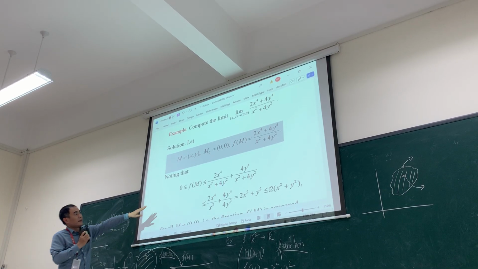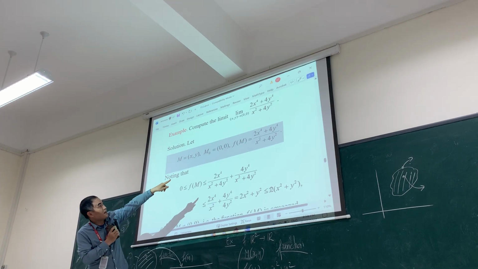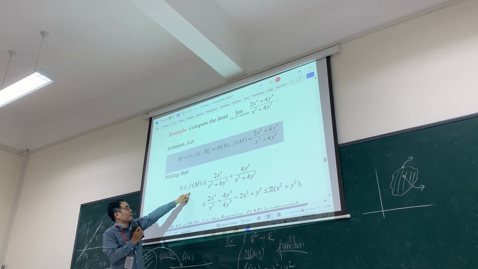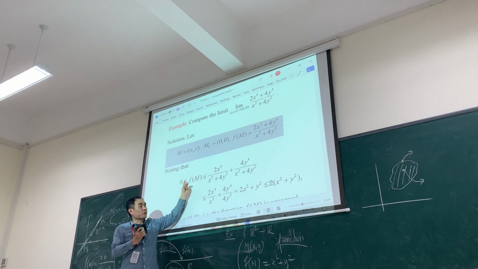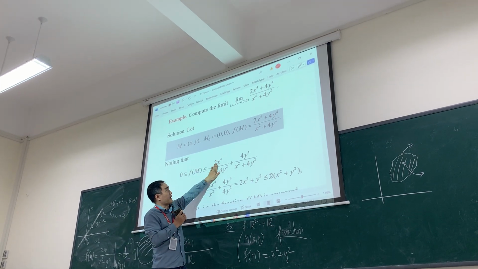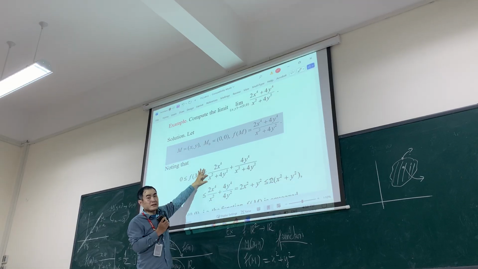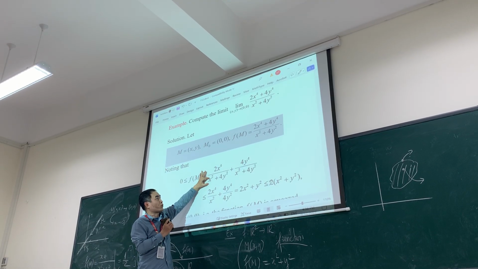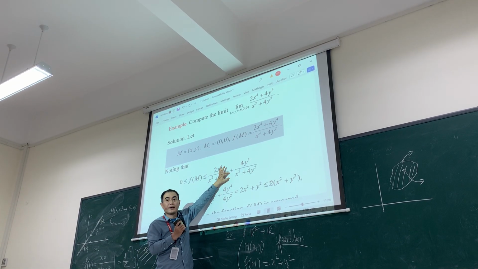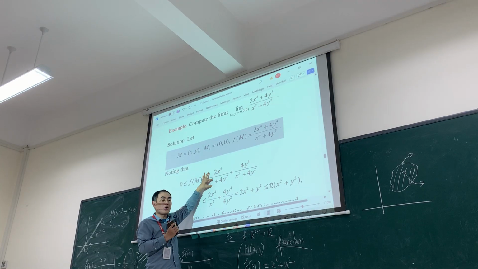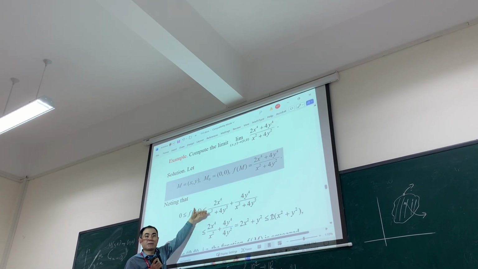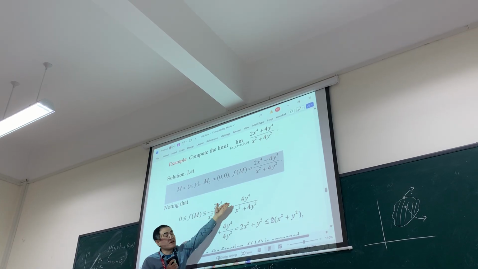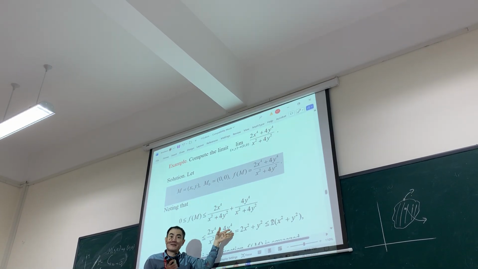Okay, you can see, based on the formula, the function f all the way positive. To continue, we can separate f like this. You can see the denominator x squared plus 4y squared is all the way greater than x squared. So we have the first factor less than, the second factor less than similarly.